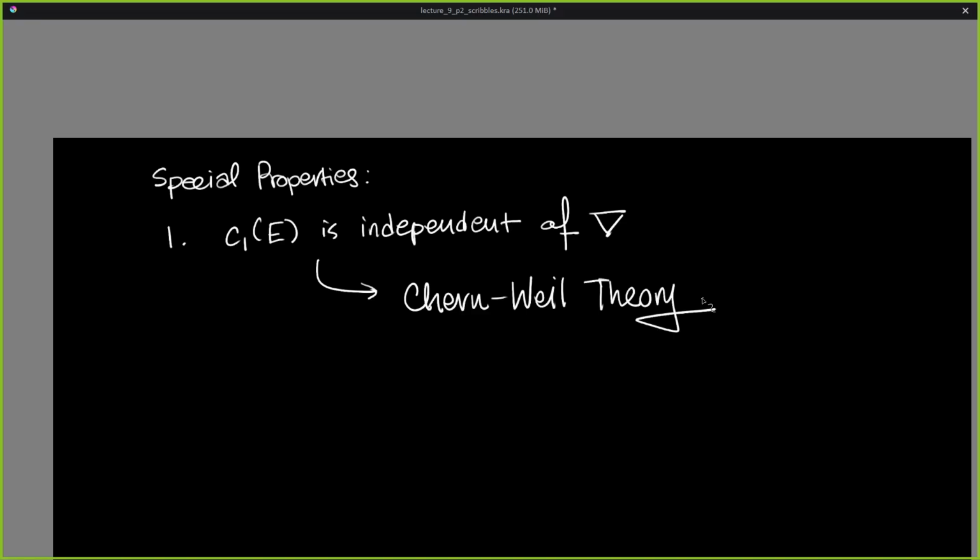But one of its big results is that c1(E), even though it depends loosely on nabla, the nabla dependence actually drops out of this cohomology class, and so they become particularly easily computable because we can use the most convenient nabla to compute the first cohomology class, and it will be the same for every connection.